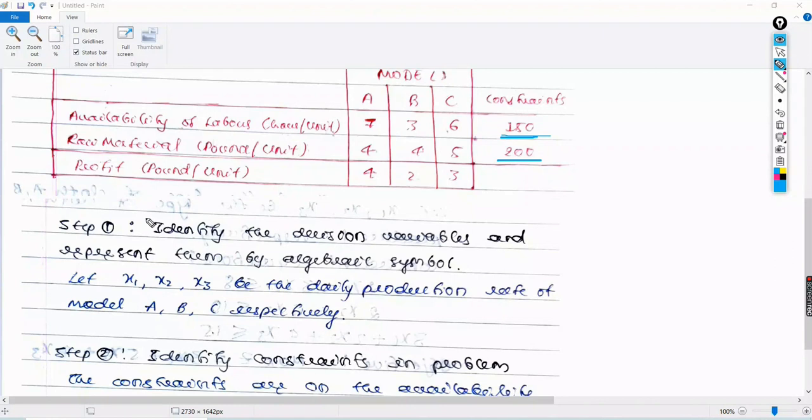That is your first step: identify the decision variables and represent them as algebraic symbols x1, x2, x3, the daily production rate of models A, B, C respectively.